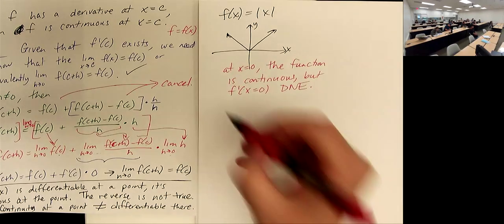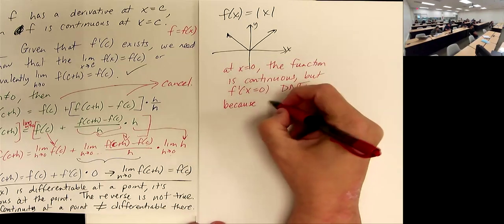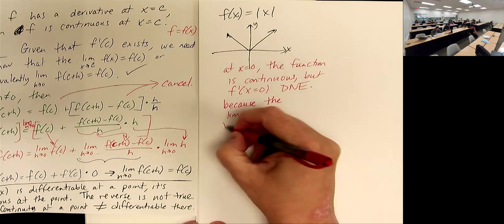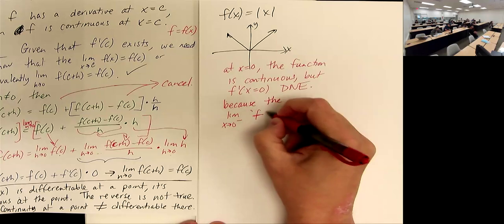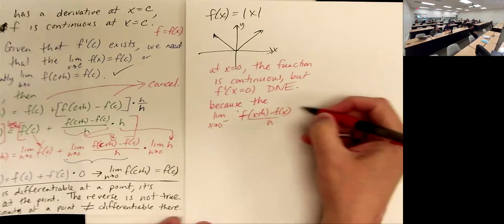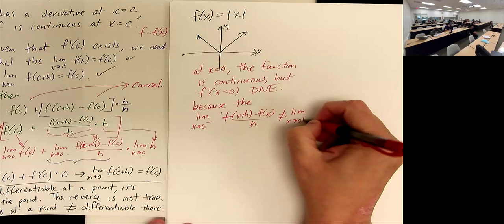Because when we did it last time, we showed that the limit as h goes to 0 from the left of f of x plus h minus f of x over h does not equal the limit from the right.